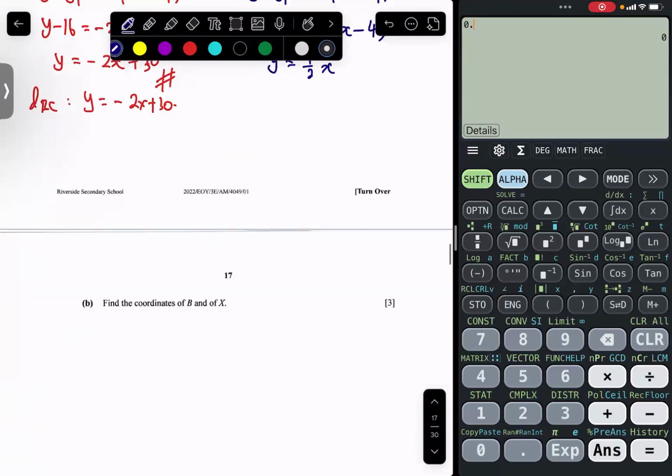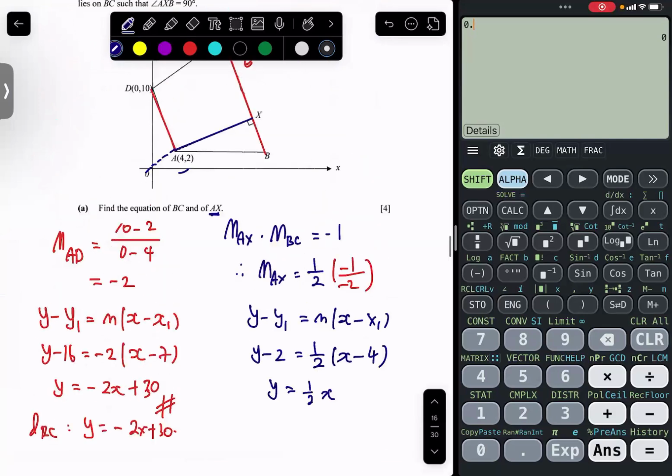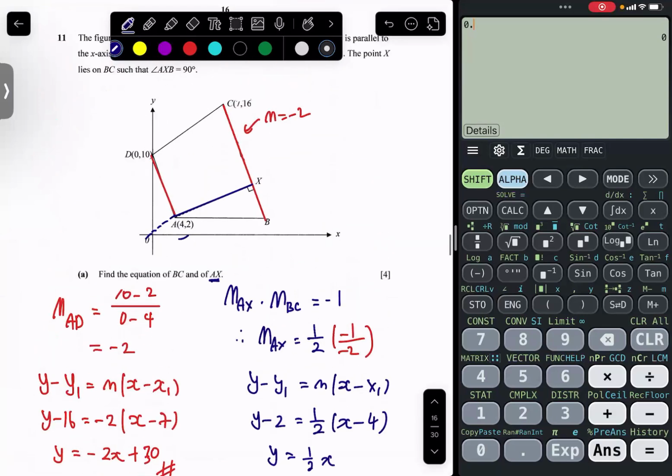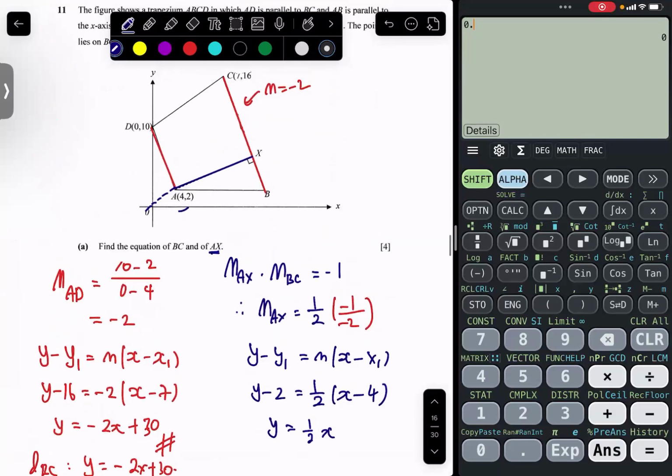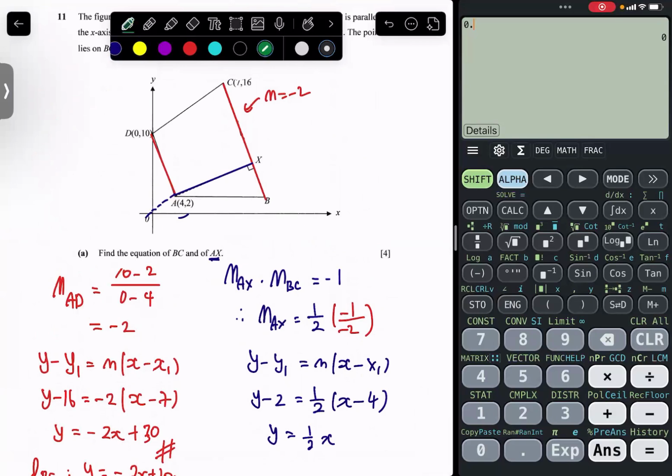Find the coordinates of B and of X. First, B. Because this line is parallel to the x-axis, the y value of this line is equal to 2. To find the coordinate of B, I'm going to substitute y equals 2 into the red equation.